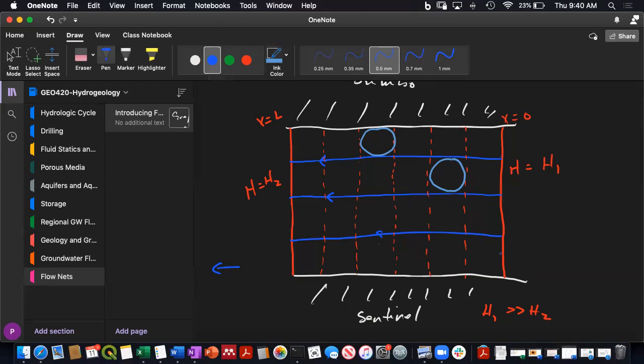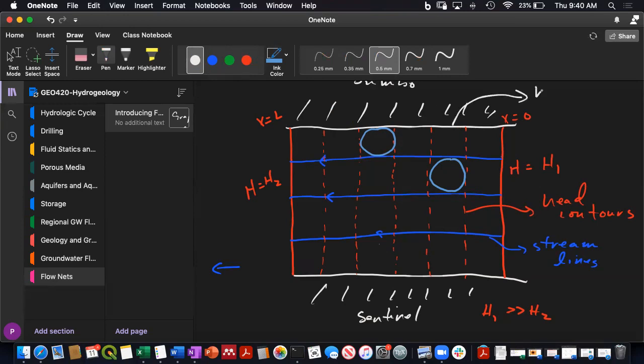All right, so these are my flow lines or streamlines. These are my head contours. These are my boundaries. Actually, I'm going to call these no flow boundaries.